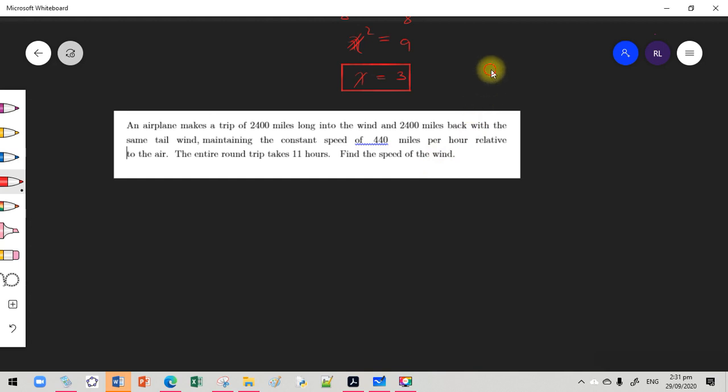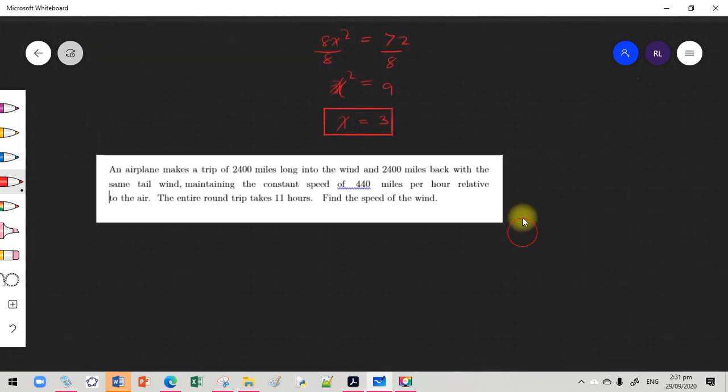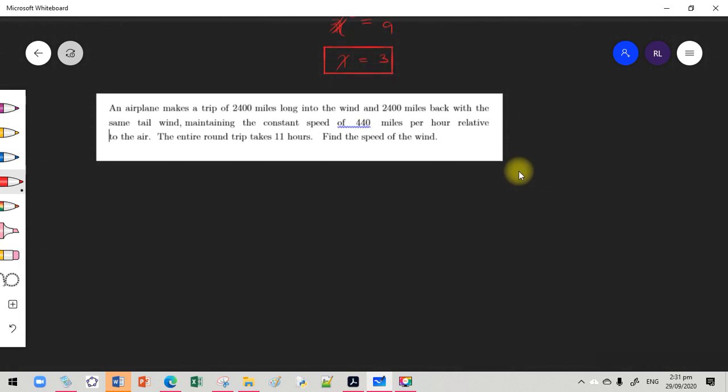So basically it's just the same as this problem, but we'll go through it. Let us say that this is the direction of the wind, and then there's an airplane.